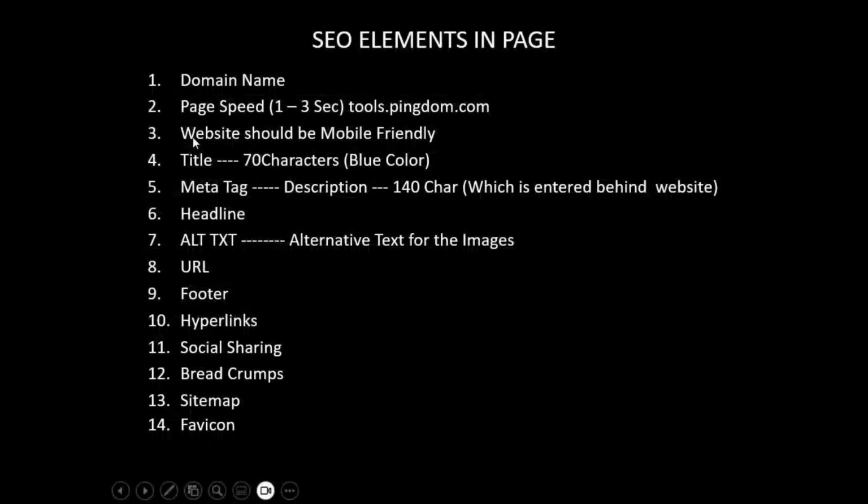So the next thing is your website should be mobile friendly. When you create any web page, you should make sure that the website is displayed in mobile version, desktop version, and tab version.